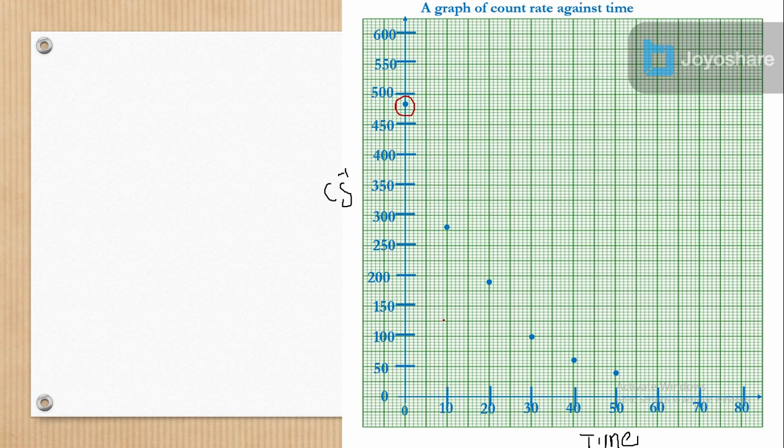In hours, at 20 hours we plot 170. Please, you can look out for your scale. Then at 30 hours we put it at 100 counts per second. Then at 40 hours we put it at 60 counts per second, and finally at 50 hours we put it at 35. Then there we must draw a line.